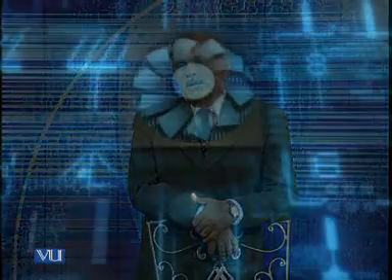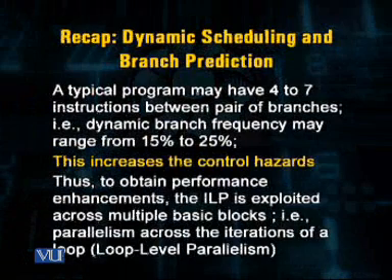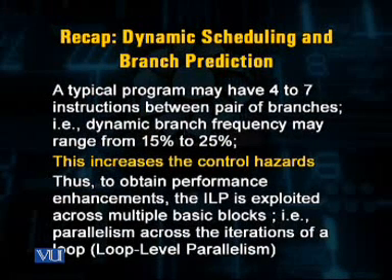Usually, a block consists of 4 to 7 straight line instructions. So this means that the frequency of branches ranges from 15% to 25% in a program. This branch frequency, in fact, gives rise to a large number of control hazards.